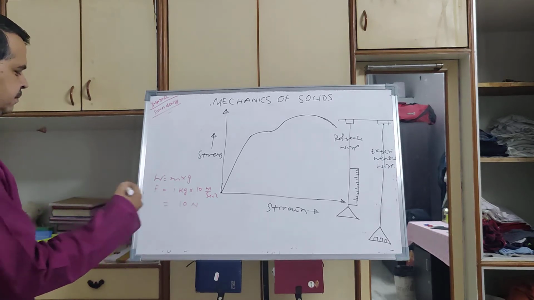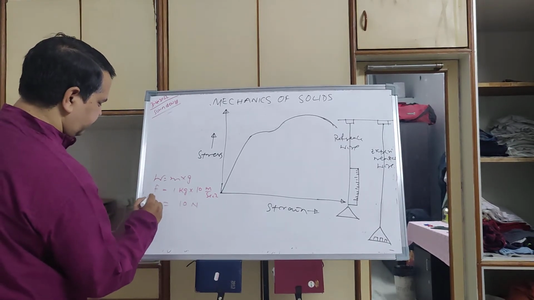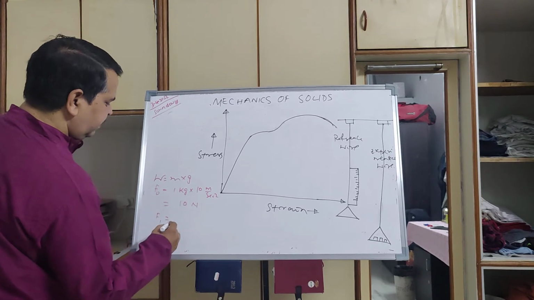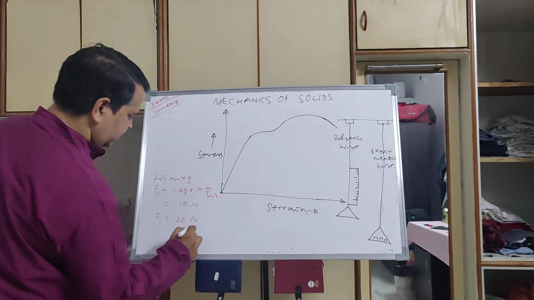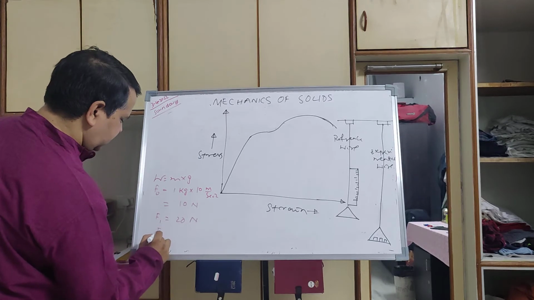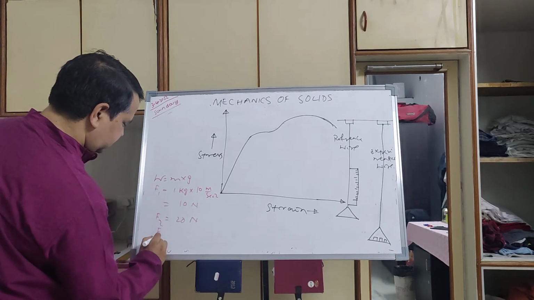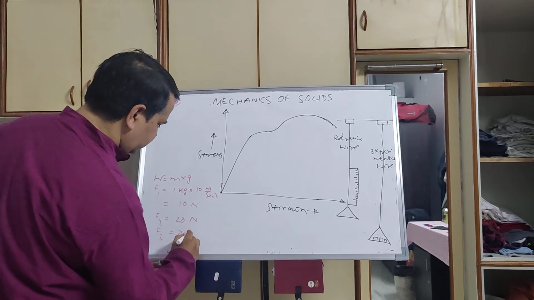As you go on increasing the weight, F0 is this, F1 let us say you put 2 kg, it will become 20 Newton. Then F2, then F3 with 3 kg, which becomes 30 Newton, like that.